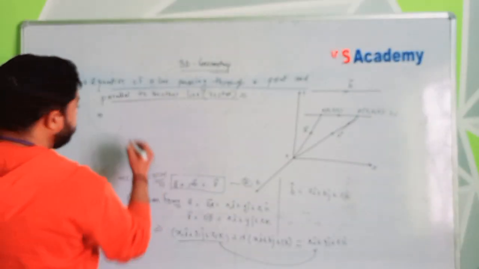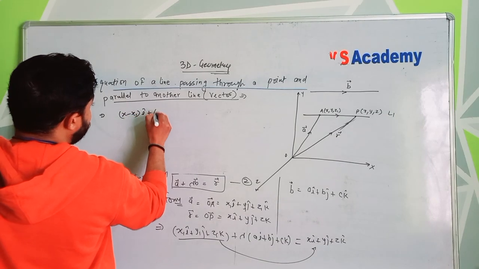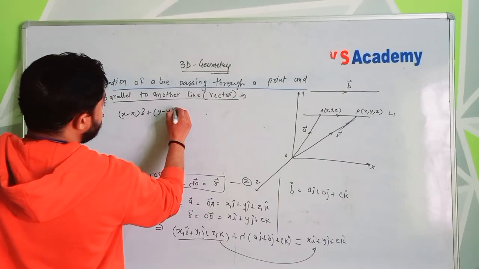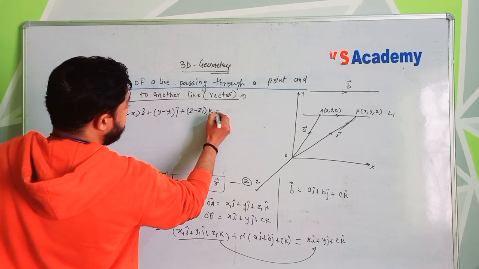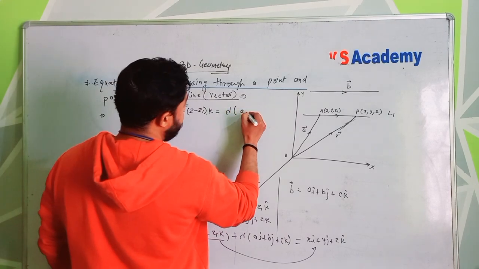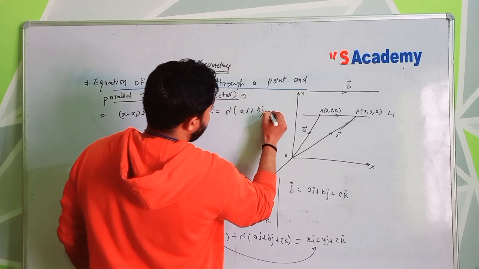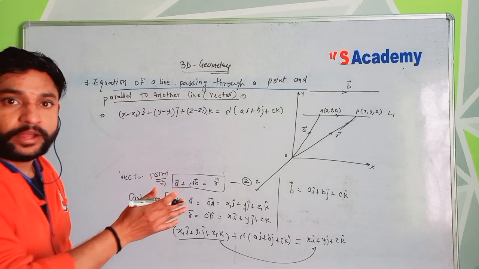taking them separately on the other side, it will be (x minus x1) i cap plus (y minus y1) j cap plus (z minus z1) k cap is equal to lambda times (a i cap plus b j cap plus c k cap). Now you can compare the LHS and RHS.